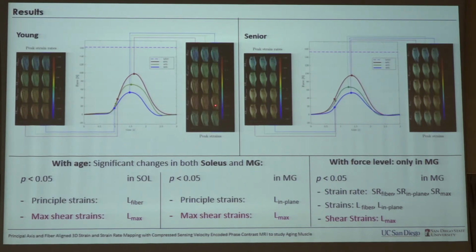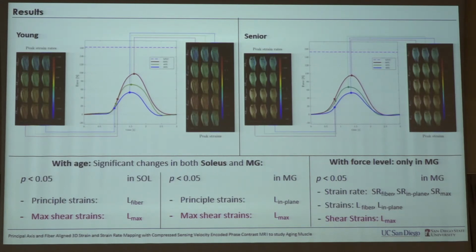If you compare the peak strains in the young with the peak strains in the seniors, in the corresponding figures, there will again be a general decrease. General decrease is fine, but then you look for statistical significance, and if you look at that, what you'd see is that with age, significant changes are seen both in soleus and in MG with these parameters. And within that is the maximum shear strains for both the soleus and the MG.